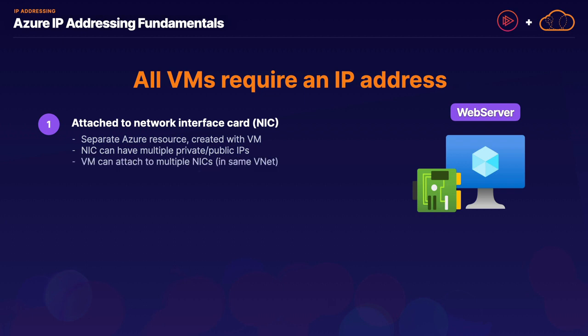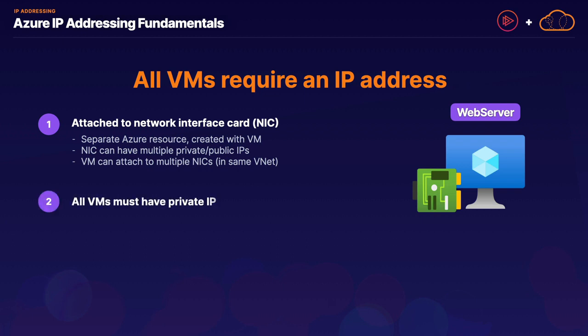And for even more complex configurations, individual virtual machines can have multiple network interfaces attached to that same VM as long as they're in the same virtual network. This leads to a scenario in which one network interface can have multiple IP addresses, and a virtual machine can have multiple network interfaces attached to it as well.